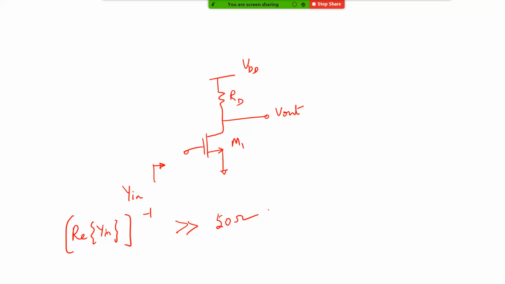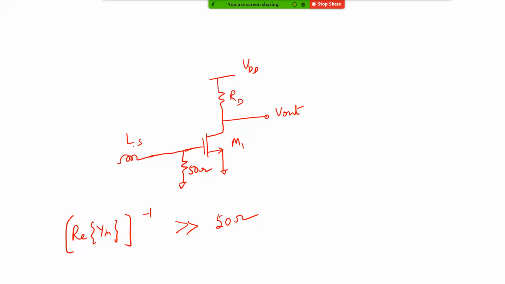So immediately the question is, why not put a 50 ohm resistor? All you need is a 50 ohm input impedance, and we see that the impedance looking in here, at around 1 gigahertz or the lower gigahertz frequencies, is very large, probably in the kilo ohms range. So why not just put a 50 ohm resistor, and maybe an inductor to tune out the capacitance?